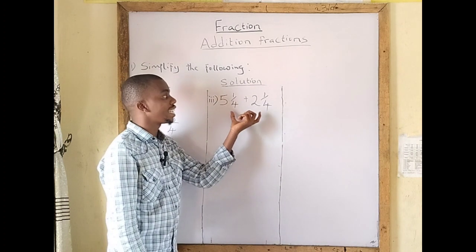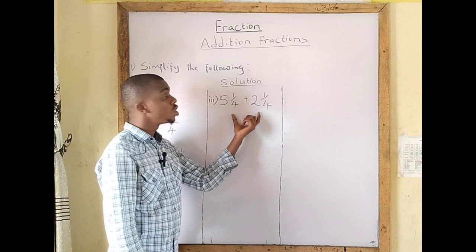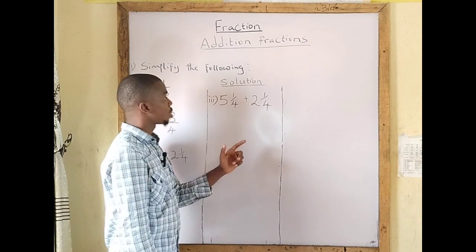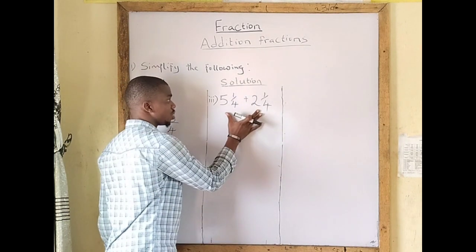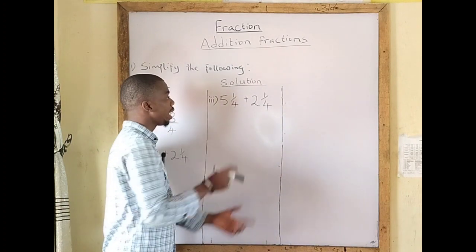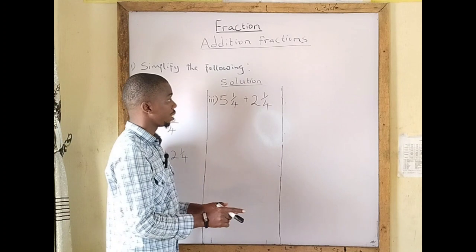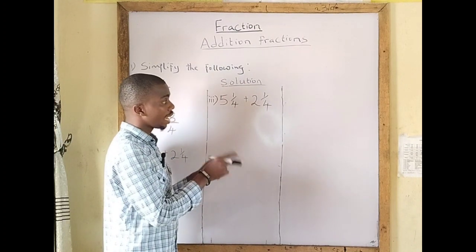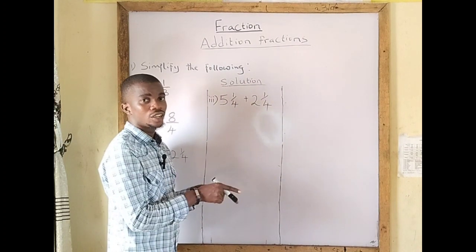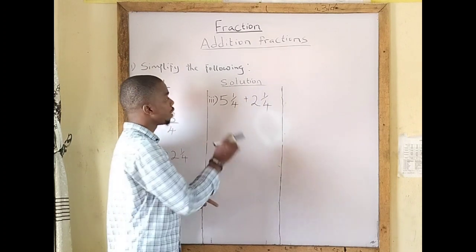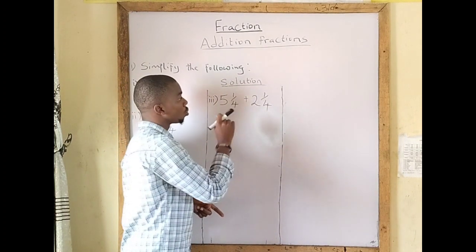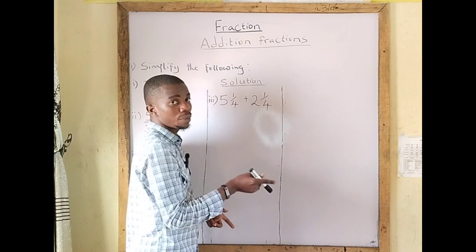So whenever it appears like this, what you do first is you convert from mixed fraction to improper fraction, before you're able to add or subtract or multiply or divide. When the fractions are mixed fractions, you convert them first to improper fractions.